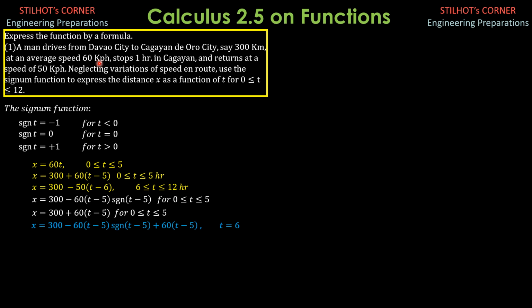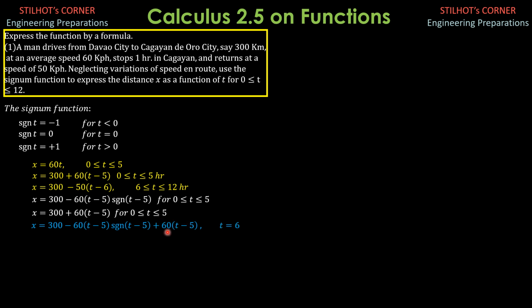Then remember that it is stated here that the man stops for 1 hour. So the distance from Davao between 5 and 6 hours would still be 300 kilometers. So to make this 300 when t is 6, when we substitute it here, this is still 300 kilometers when t is 6 in particular.